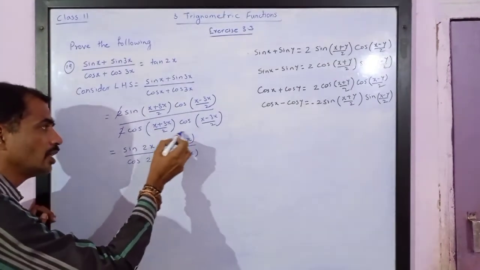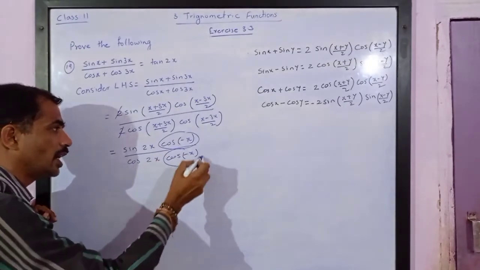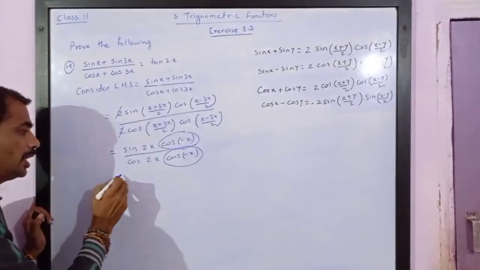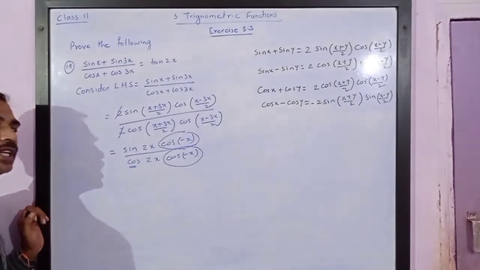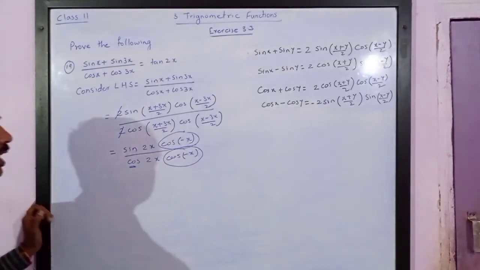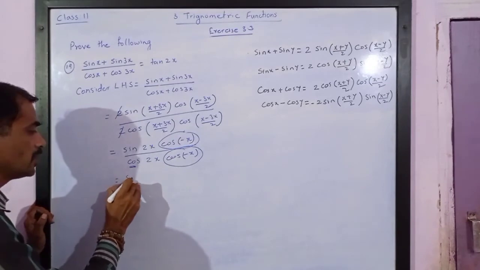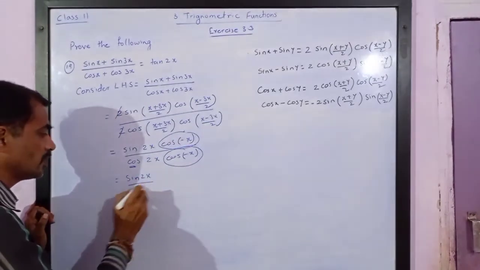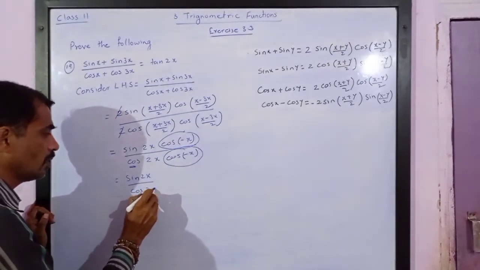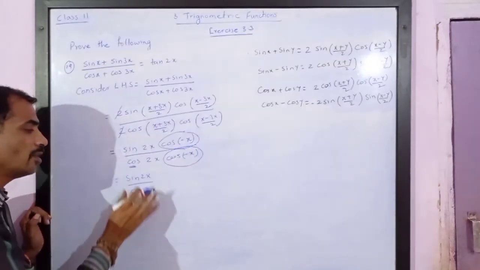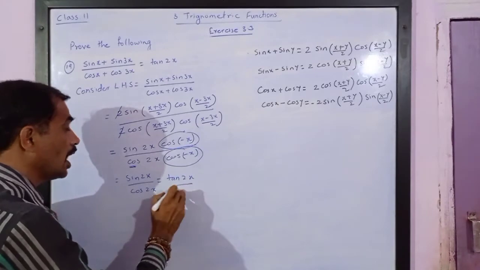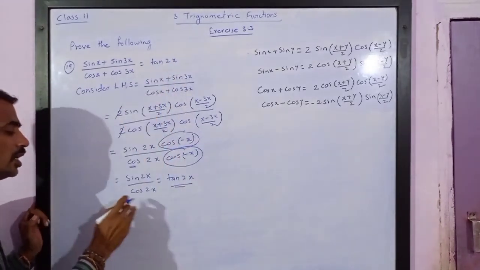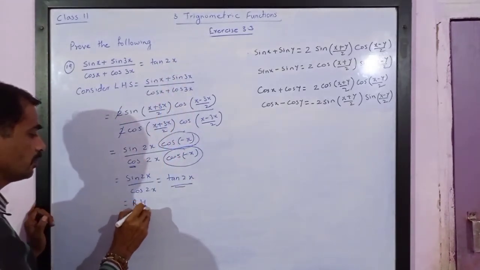Now please note, this term is common to both numerator and denominator, so it can be eliminated. This is sin of 2x and this is cos of 2x, so the trigonometric ratio is different, hence it will not get eliminated. Instead it will become sin of 2x upon cos of 2x. We already know sin upon cos is equal to tan, so this is equal to tan of 2x, and the same was the question asked, so this is equal to RHS.